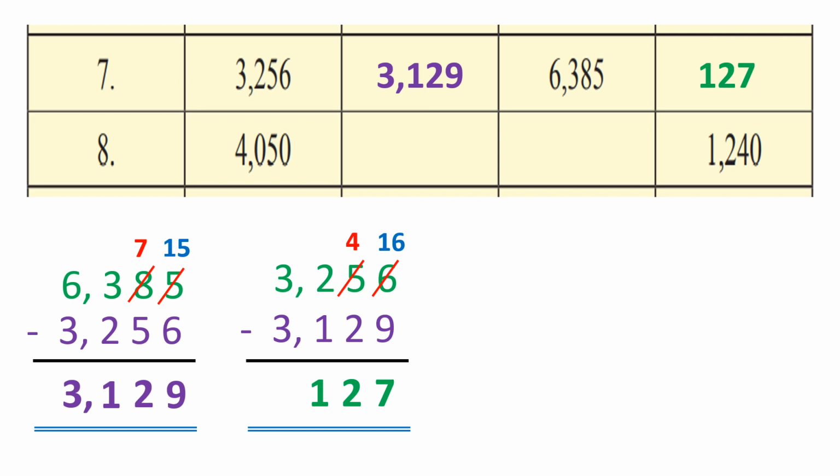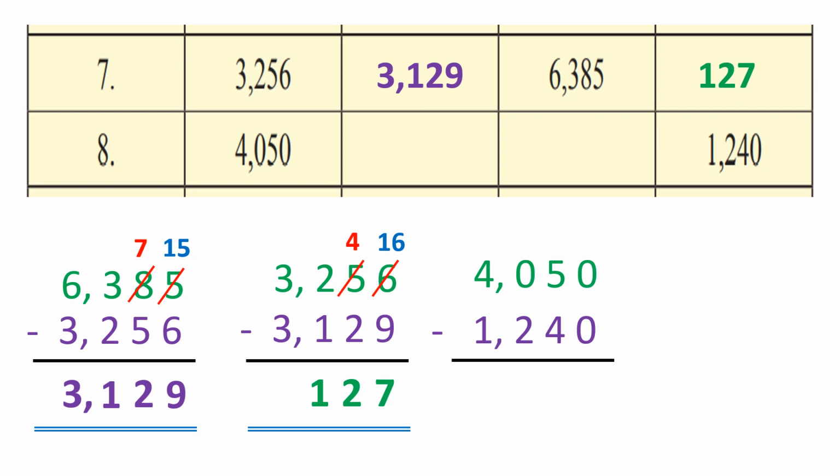Next is number 8. You have 4,050 for the first number. You don't have the second number or the sum, and you have the difference, 1,240. To solve the second number, 4,050 minus 1,240.